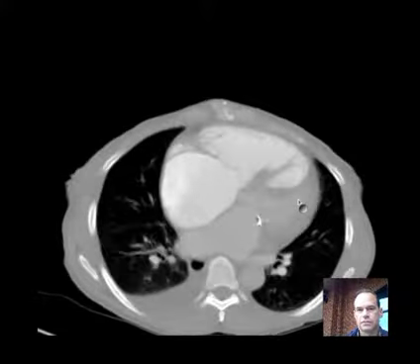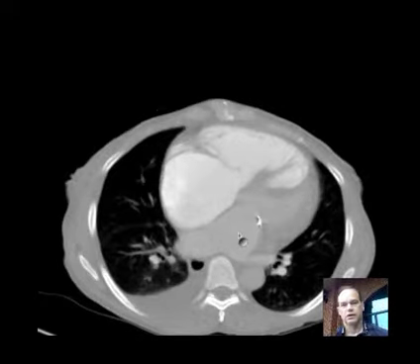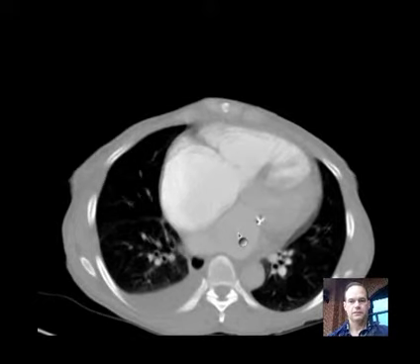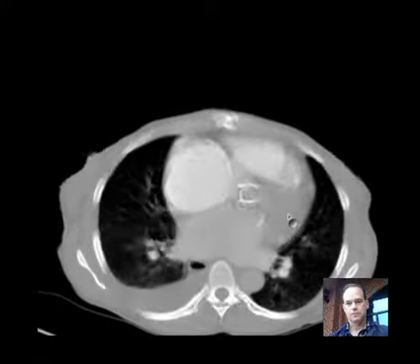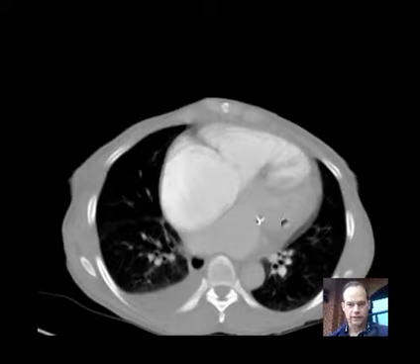And look at the discrepancy between the right atrium and the left atrium. Okay, this is a good view of right atrium, right ventricle, left atrium, left ventricle. Okay, looks like they've had some valve prostheses placed.